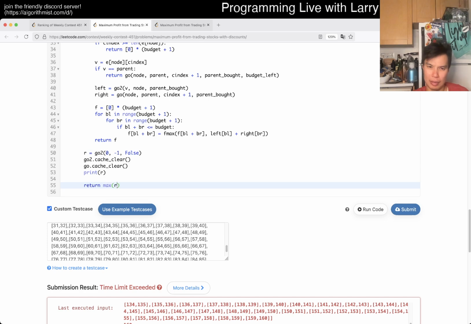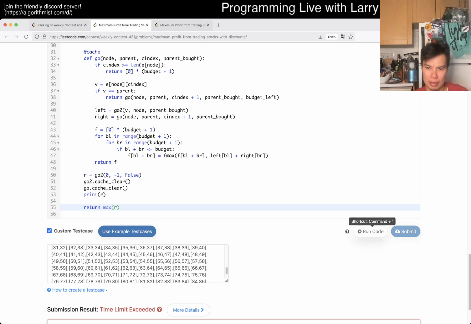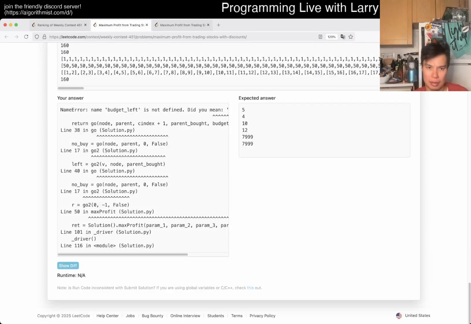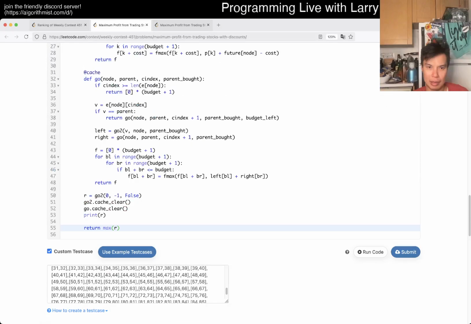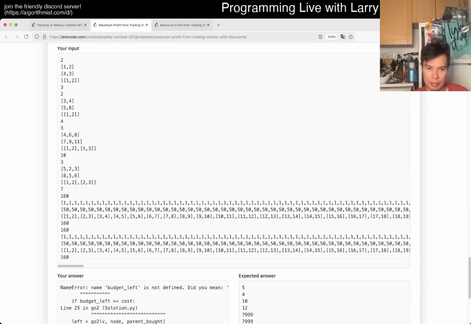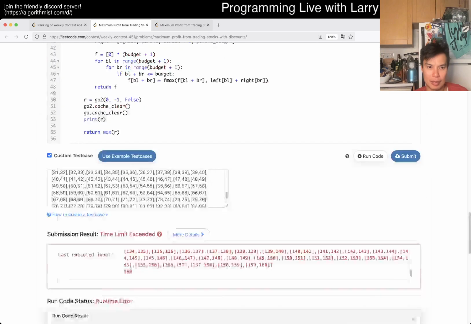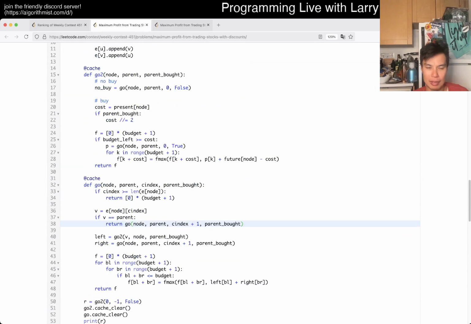Max of R. Budget left is not defined. You mean bisect left line 38? It's probably true. I just didn't remove it. Budget left 25. How do I still have this? Oh, this is okay. I guess we don't need it anymore.